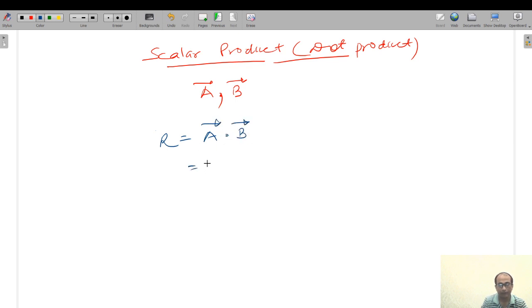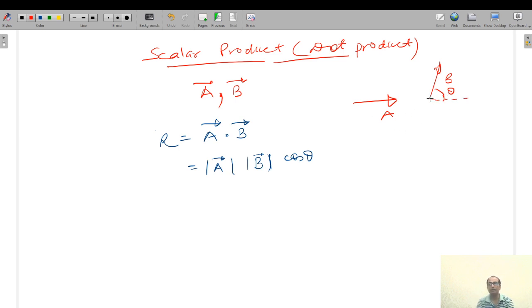It is the product of three quantities: magnitude of A, magnitude of B, and the angle between these two vectors. So if you are having a vector A like this and vector B is say like this, and vector B makes angle theta with vector A along this direction.